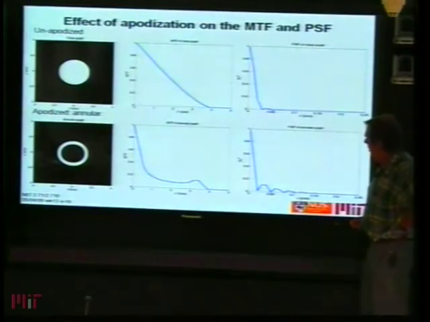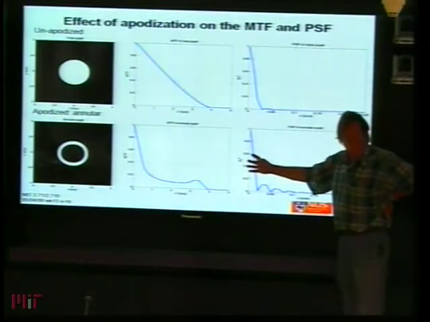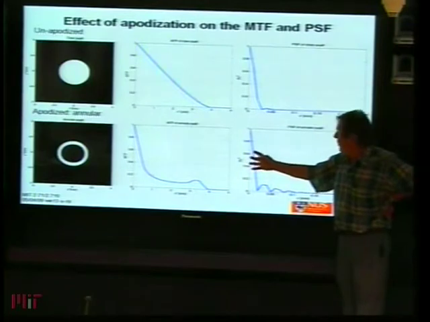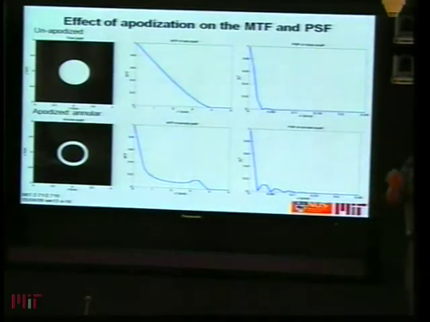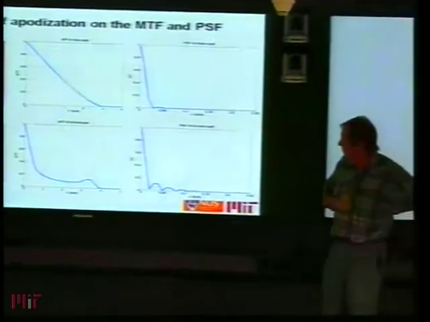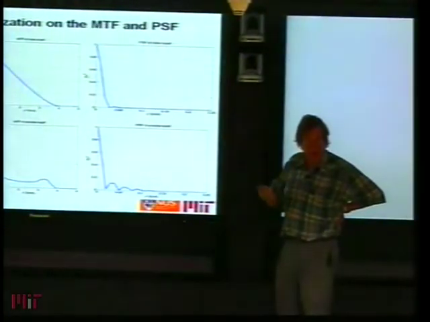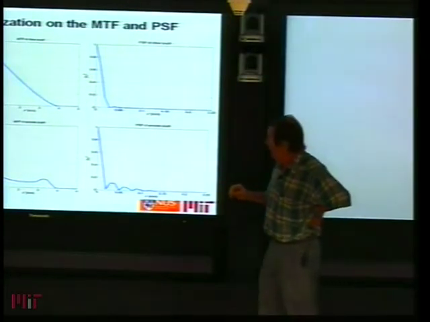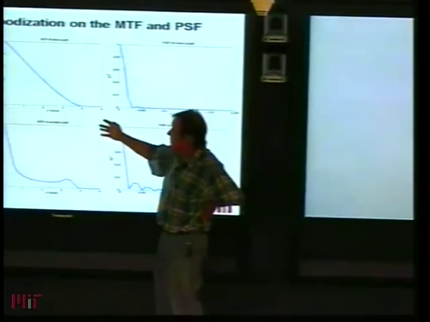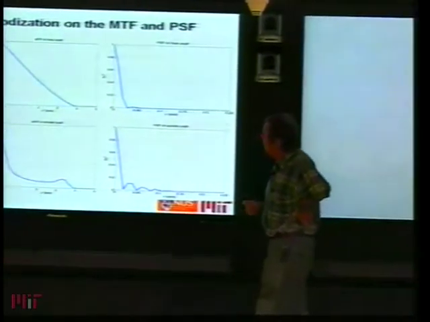So although in some cases this can give an improved image compared with this, for example, for point objects it would do well, but if you've got an extended object like an image of a car or something, it might not work so well.